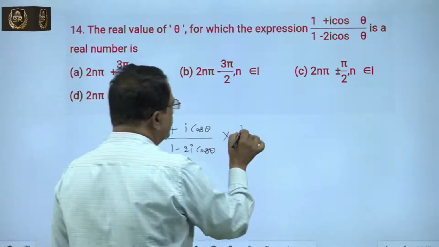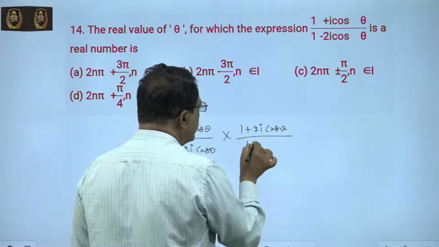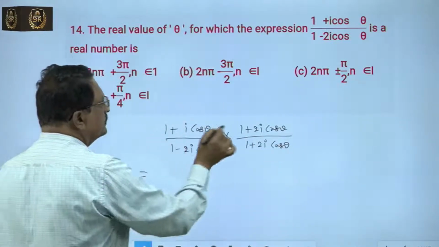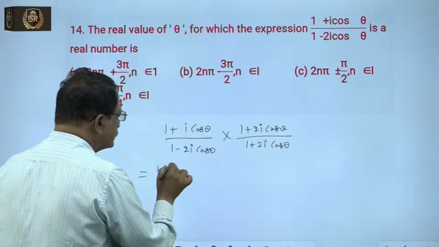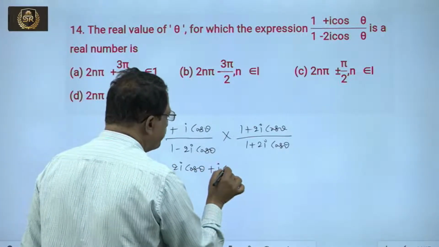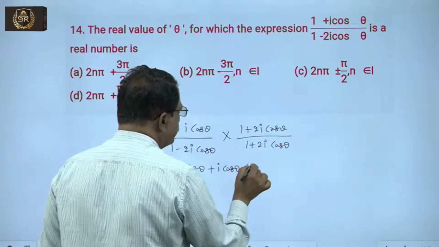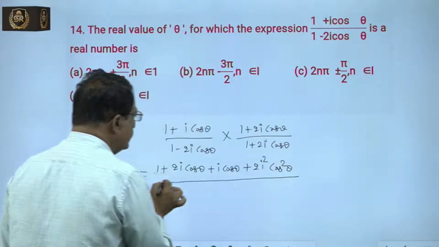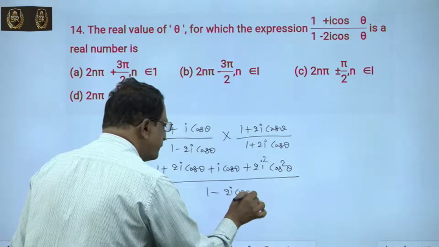What is the conjugate of the denominator? 1 plus 2i cos theta by 1 plus 2i cos theta. We get numerator 1 into 1, 1 plus 2i cos theta plus i cos theta plus 2i square cos square theta, by (a minus b)(a plus b), 1 minus 2i cos theta whole square.